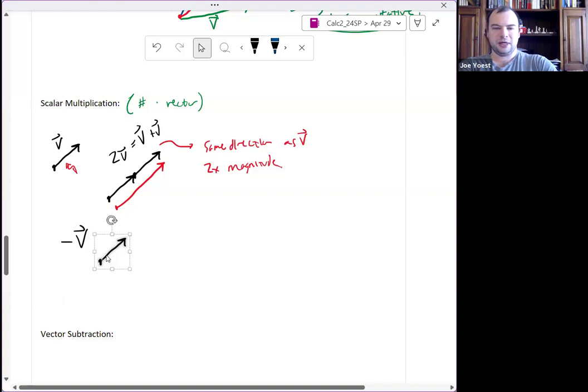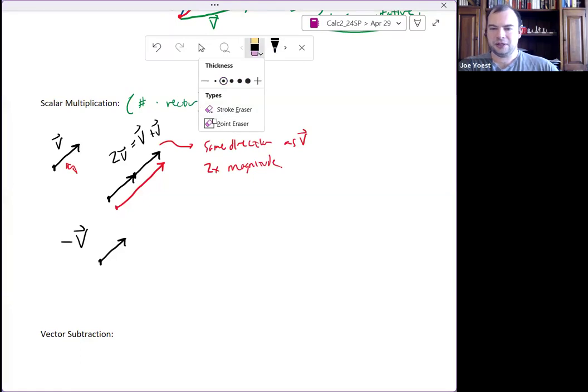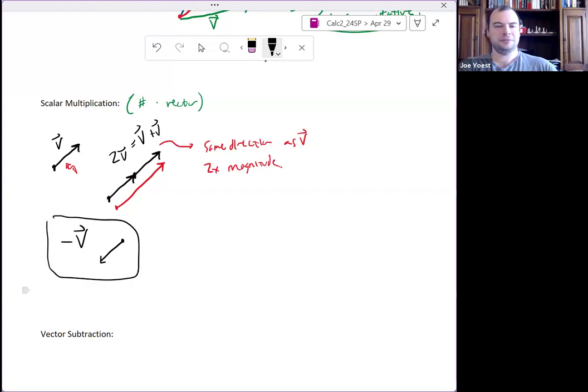So here's what V was. It was a certain magnitude in this direction. Negative V is going to be the same magnitude, but the opposite direction. In other words, I just exchange my initial and terminal points. So this is negative V. It has the same magnitude, but exactly the opposite direction.